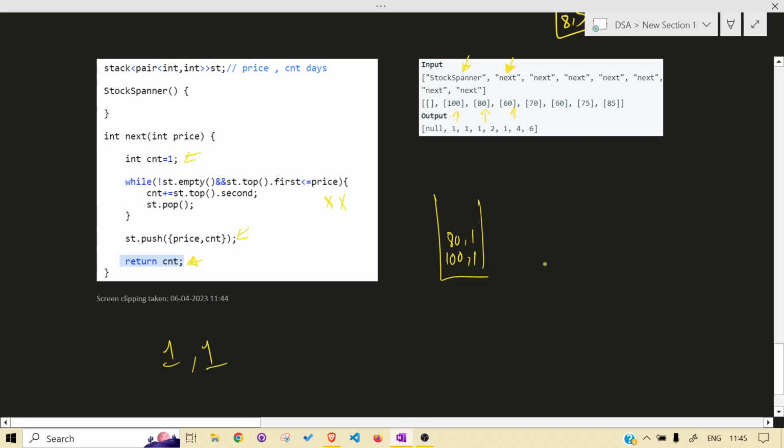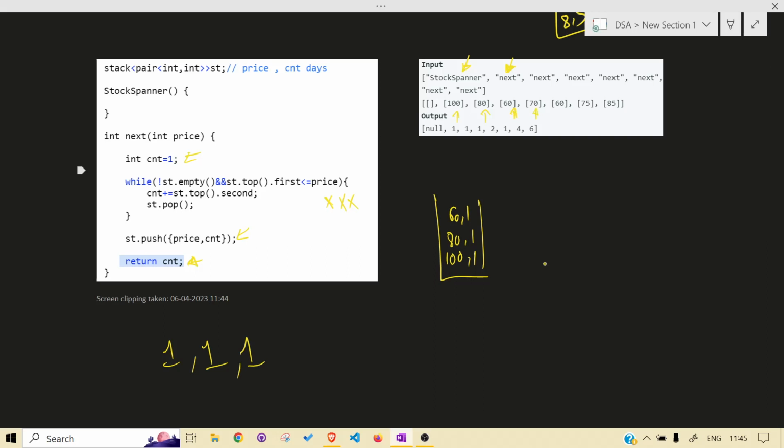This time we have 60, still it is decreasing, so again this will not execute. This time 70, this time it will execute. We check if the top is less than it. We have to maintain that decreasing fashion.